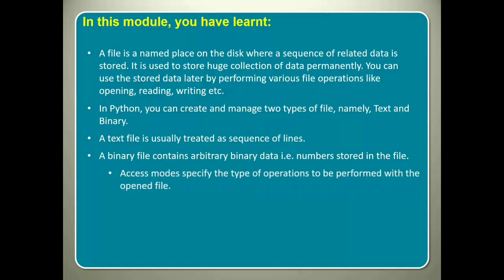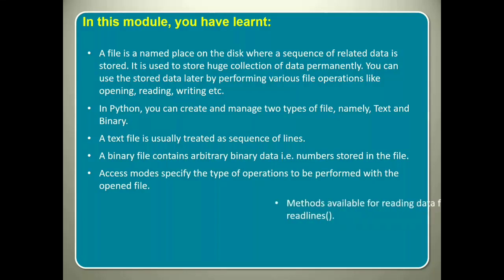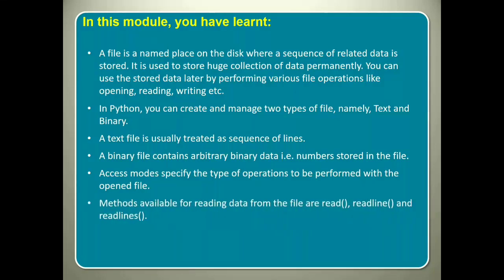Access modes specify the type of operations to be performed with the opened files. Methods available for reading data from the file are read, readline, and readlines. Methods supported for writing data in the file are write and writelines.